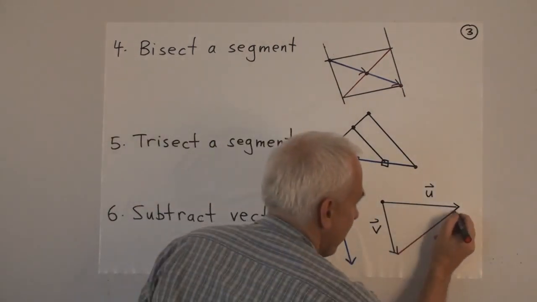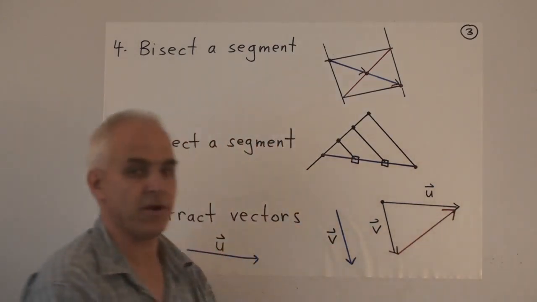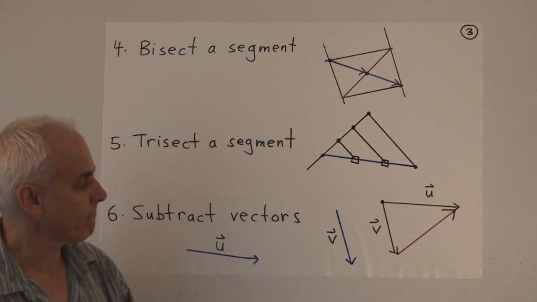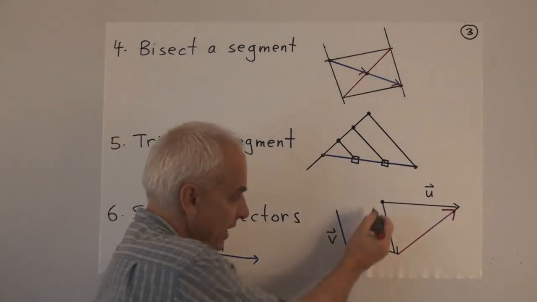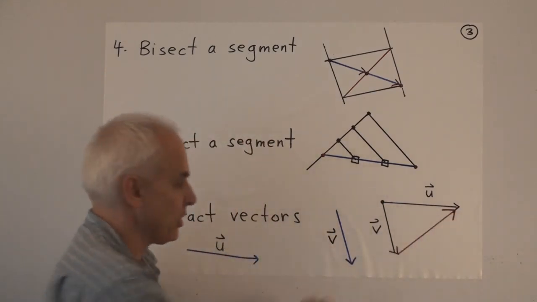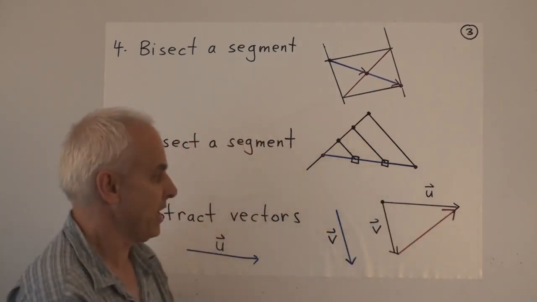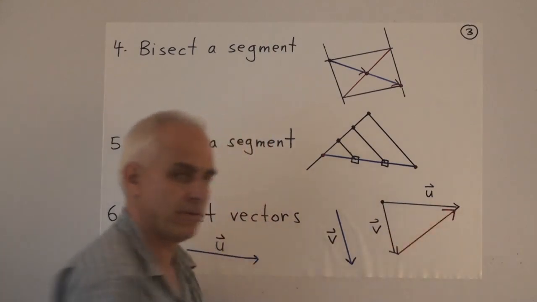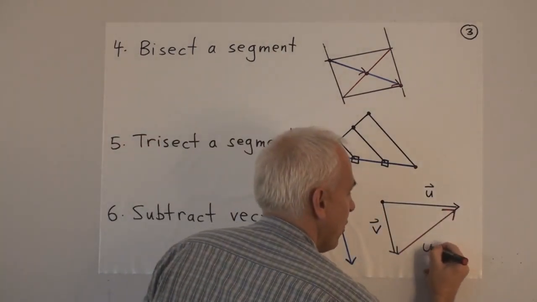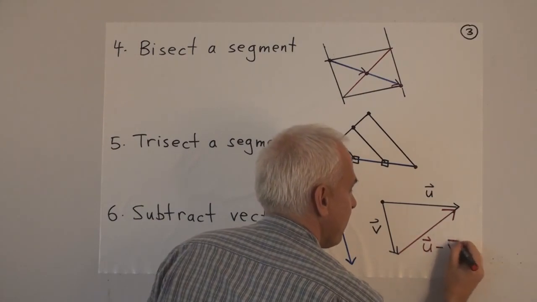So suppose for the sake of argument that we're going to use this vector here. So what is this vector here? Well, it has the property that if you take v and follow it by this vector, so v plus this mystery vector is going to be the same as u. Well, that means that this vector is u minus v.